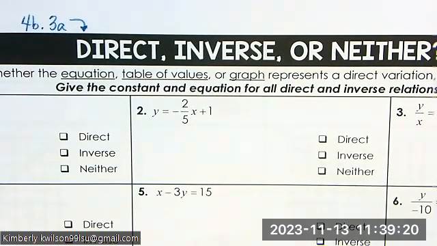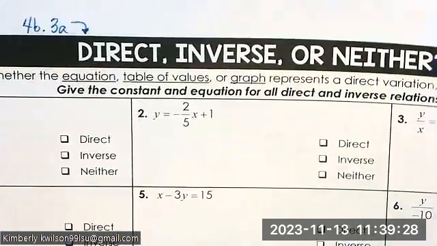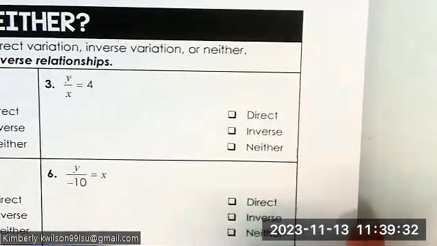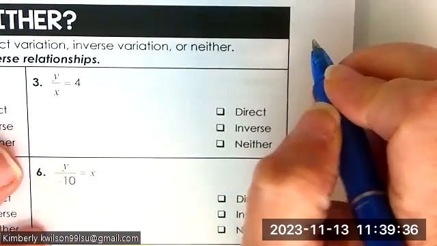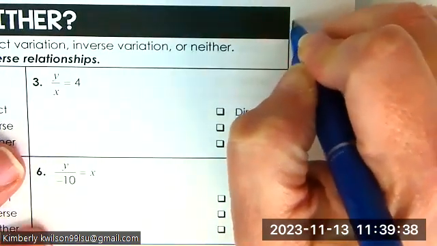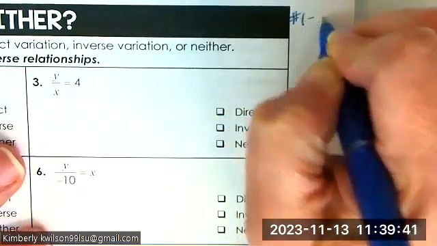Guys, today we're covering direct, inverse, or neither, where you can determine which one it is in all different forms. So we're going to start off working some examples from 1 through 9, and let's write a little note over here off to the side about how we do this. So this will be for numbers 1 through 9.